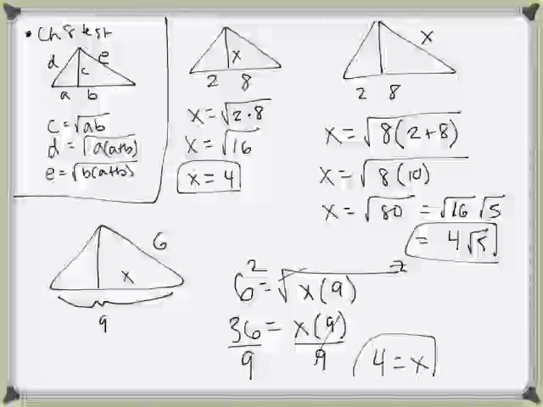And we get 4 is x. Questions on that type of problem? Right. There are 3 more examples of that on the test, but I'm not going to do all of them for time, but that might be a good idea for you to go back and look at those as well.